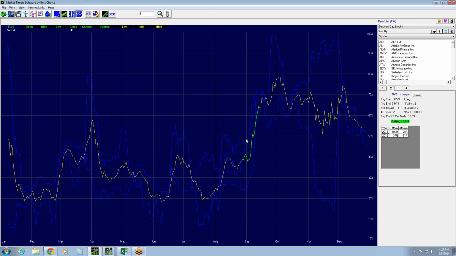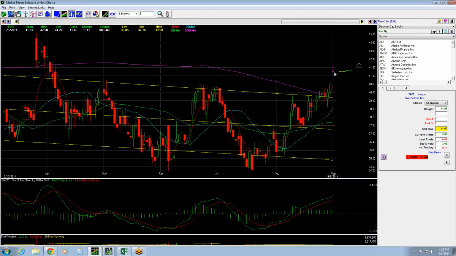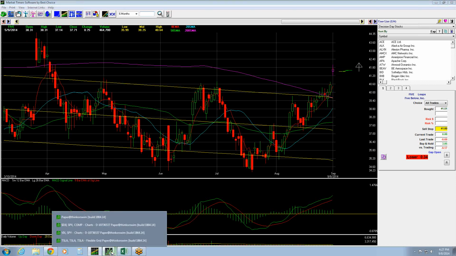This is probably going to be a good example because of this big gap up. I chose the 40s, the September 40s. So let's take a look at what the September 40s look like.